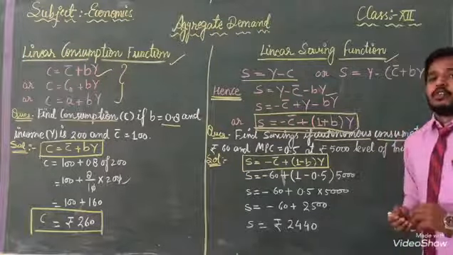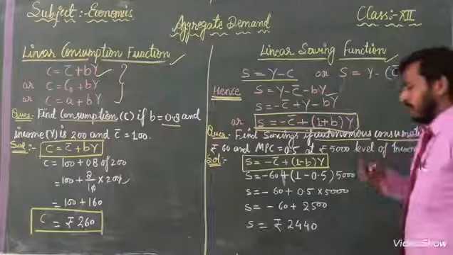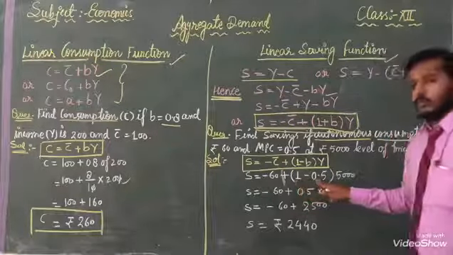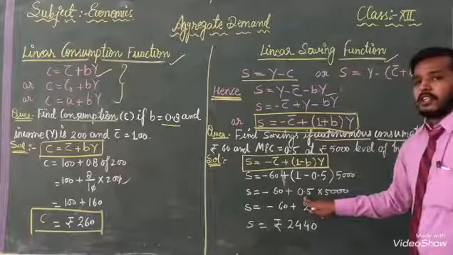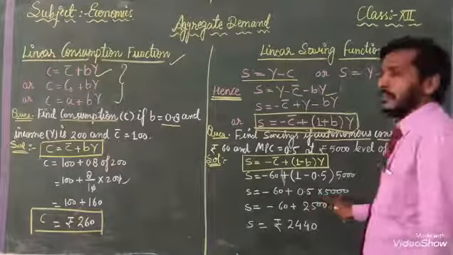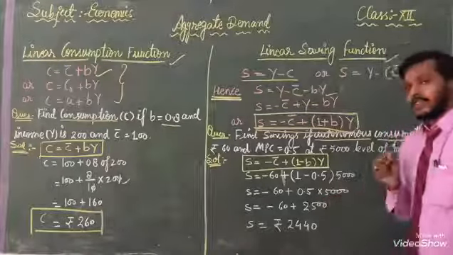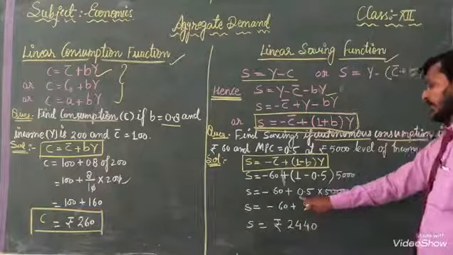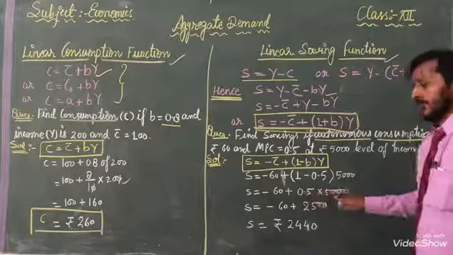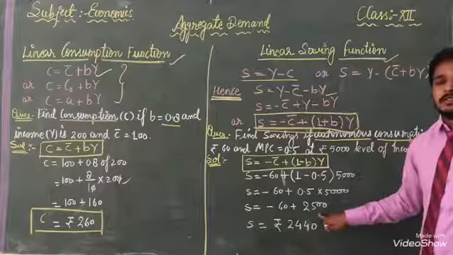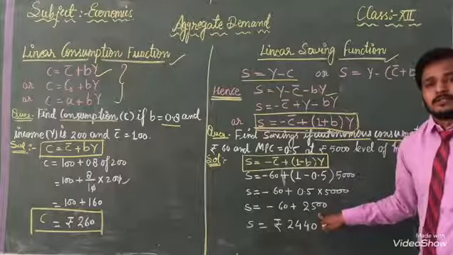After that when we go to the second step, we will solve it: minus 60, 1 minus 0.5, then we will get 0.5 into 5,000. After that the next step should be here, minus 60, when we multiply 0.5 into 5,000, we will get 2,500.